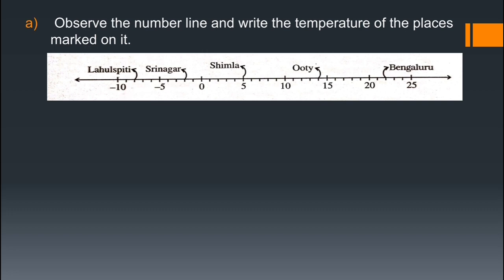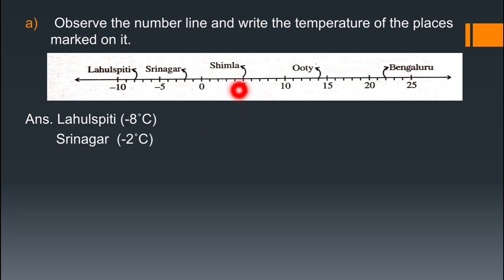So we can write Lahaul Spiti's temperature is minus 8 degrees centigrade. Now move towards the next place, that is Srinagar. You can see Srinagar is also towards the left of 0. So we start from 0, this is 0, this is minus 1 degree centigrade and this is minus 2 degrees centigrade. So the temperature of Srinagar is minus 2 degrees centigrade.